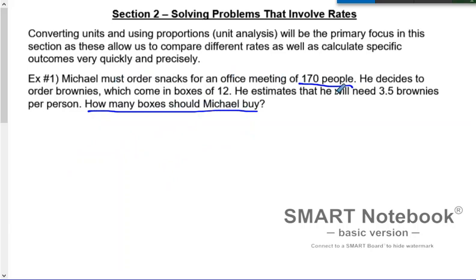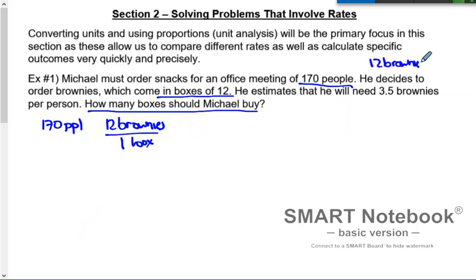So first off, we have 170 people that we need to feed. He's going to order brownies, and brownies come in boxes of 12. Okay, so there's 12 brownies per box. And I know you'd normally do this, for example, so 12 brownies per box. Start to get into the habit of just moving this down into the denominator.